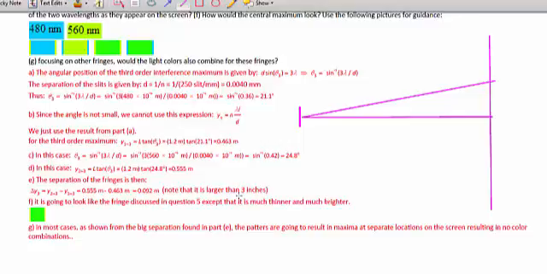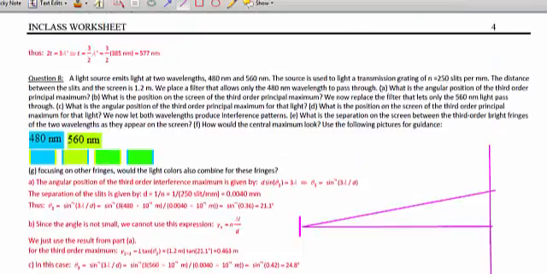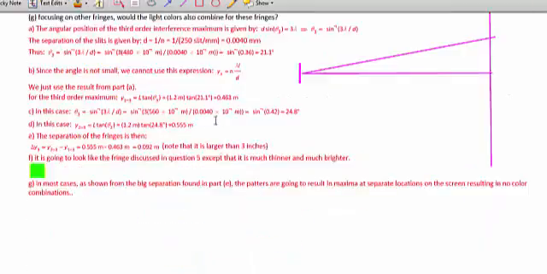That's the position. Now question C tells us, what is the angular position of the third order principal maximum for the second wavelength, and then what's the position on the screen of the third order principal maximum for that line. So we use the same process. So we solve for theta sub 3 for that second wavelength.